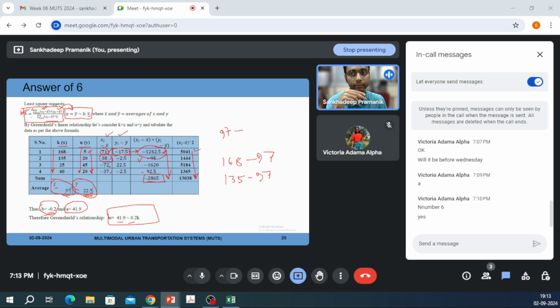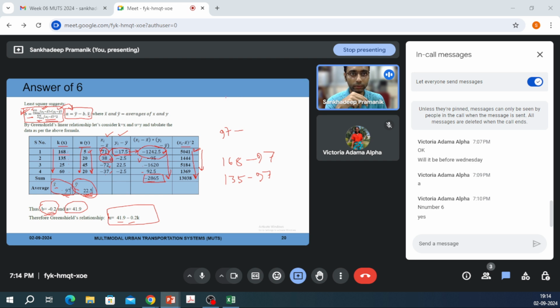And in the denominator part, it is xi minus x bar square. Xi minus x bar, we have already got this 71, and the square of that is 5041. Similarly for 38 square, 72 square, and after that you sum all these four.